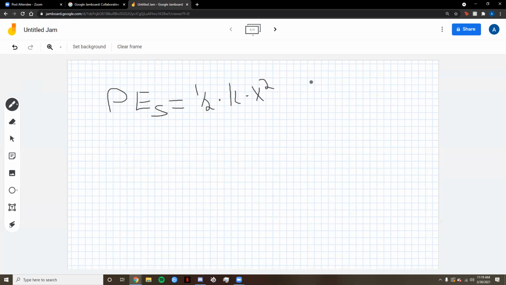This looks a lot like the kinetic energy formula, but the K and X are different. The K is the spring constant, which should be in N/m, I'm pretty sure.